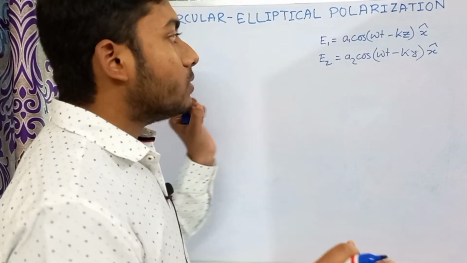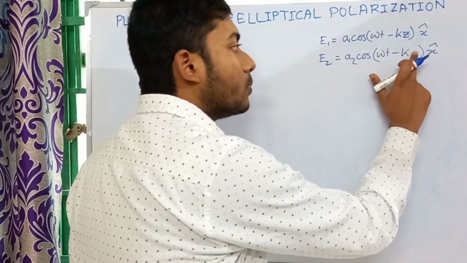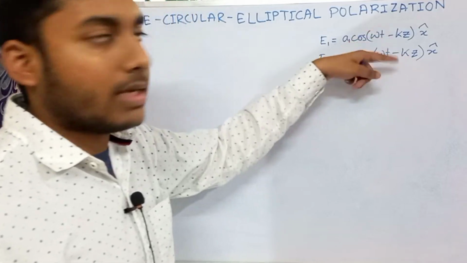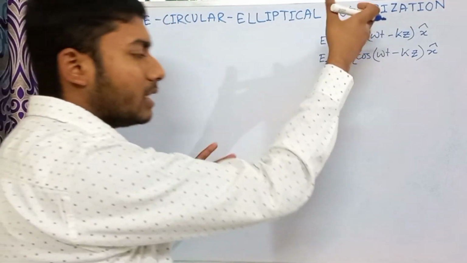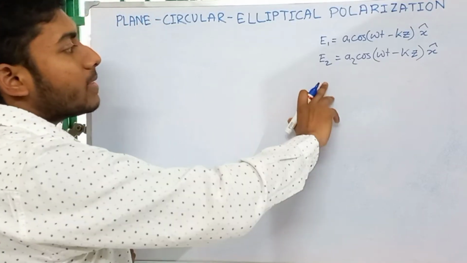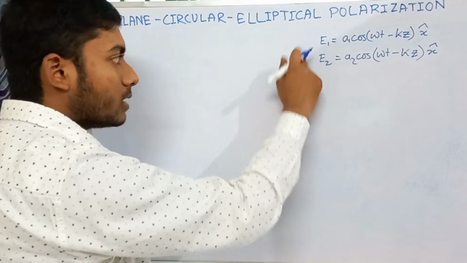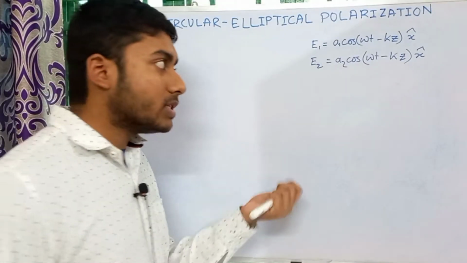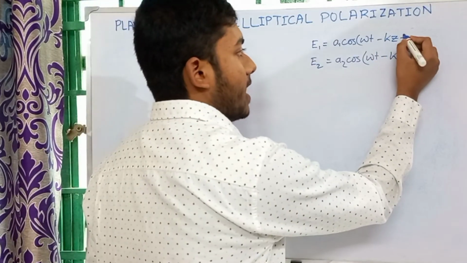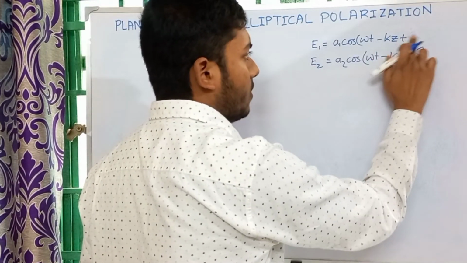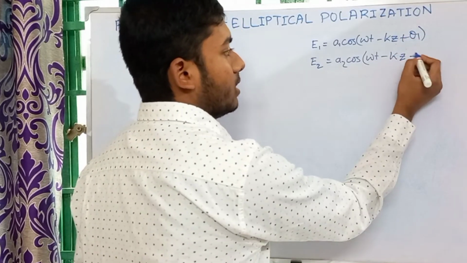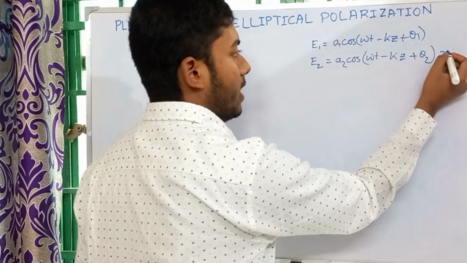The polarization will be produced only when the propagation is in the same direction, that is, if this is kz in the two, the propagation direction is the same, then only will the polarization occur when these two superimpose. Now I am considering that the first wave has a phase angle, suppose theta 1, and the second one has the phase theta 2, with x cap.